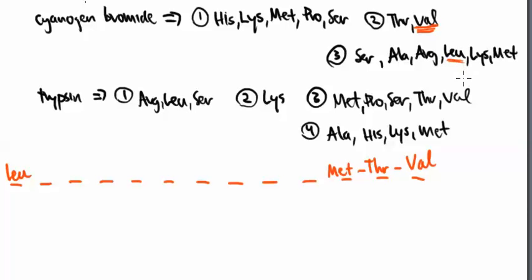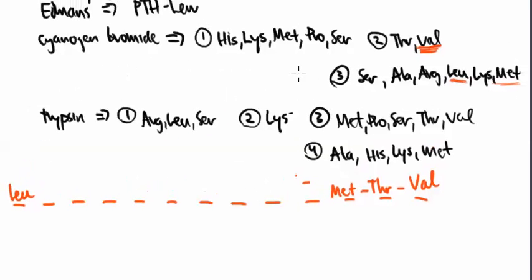So I know that this first fragment would have leucine and all of these others in it. But there's also methionine there, and that's good news because cyanogen bromide cleaves at the methionine spot. Let's add up the amino acids in that fragment: 1, 2, 3, 4, 5, and 6. At this location, I know methionine has to be there because cyanogen bromide cleaves at methionine.